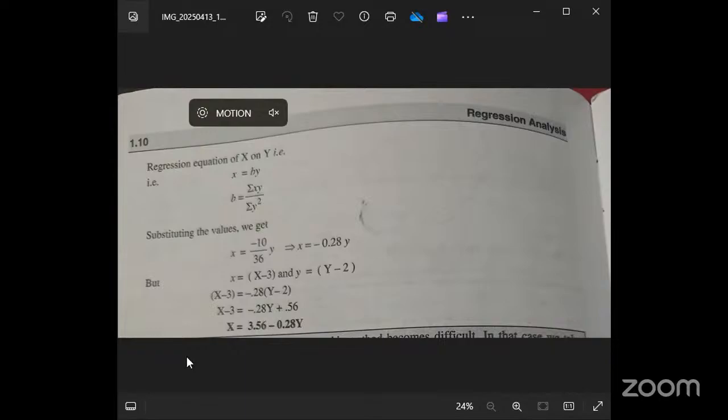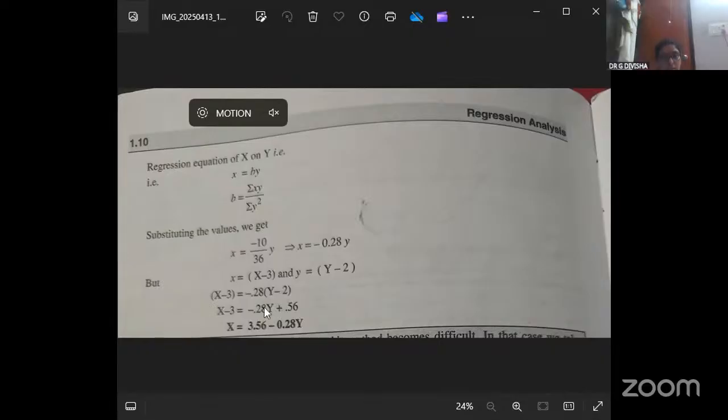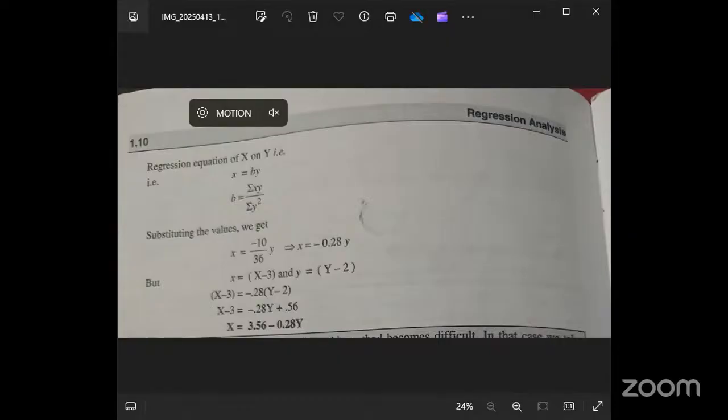These problems are easy when we apply formulas, and then they will be easily understood. Problems like x on y or y on x come in your exam. These problems are simple and easy to understand.